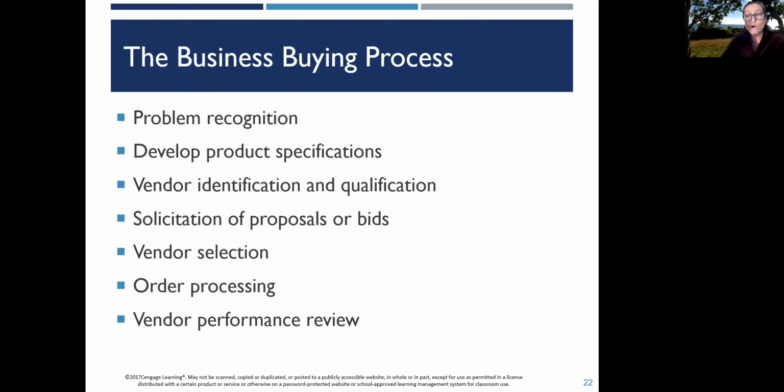And there's a formal process to go through to be one of the organizations that are making a bid. From the organizations that have made the bid, we might narrow the selection of potential vendors. From there, the organization is going to look at the order processing and review the vendor performance.